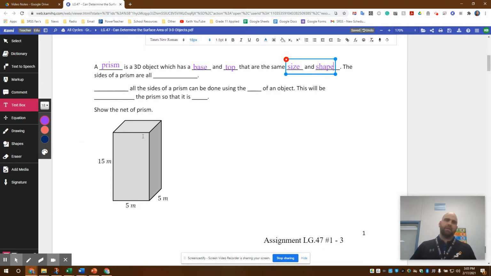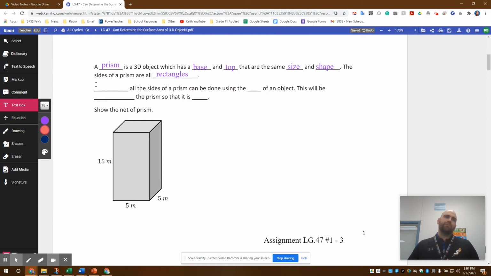So in this case right here, we're going to call this the top and the base. The top and the base are both squares. They're both the same size, and they're both the same shape. The sides of a prism are all rectangles.